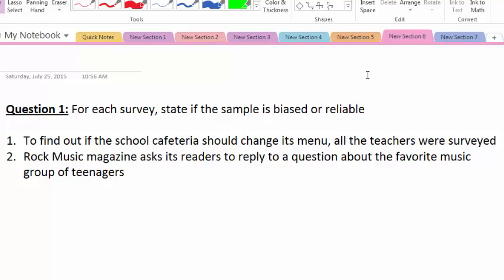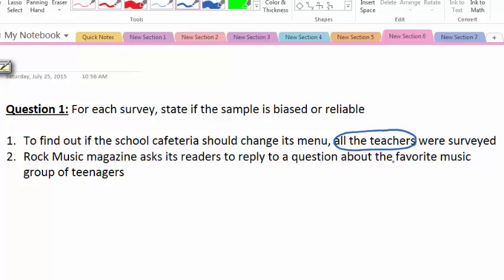Now I want you to think about it first and tell me where is the keyword that can help me decide if this sample is biased or reliable. Again, to find out if the school cafeteria should change its menu, all the teachers were surveyed. Actually, the words all the teachers are the keyword that can help me.